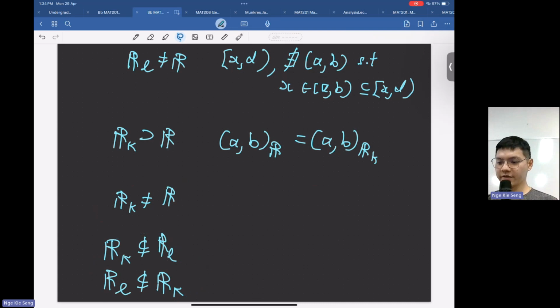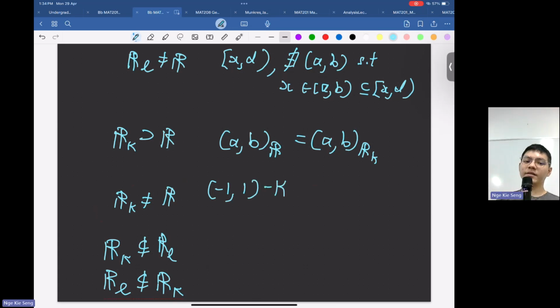What example can you take here? Let's consider maybe (-1, 1) take away the sequence K. I say that there's some point inside this set which cannot be contained by an open interval such that this open interval lies inside the set.